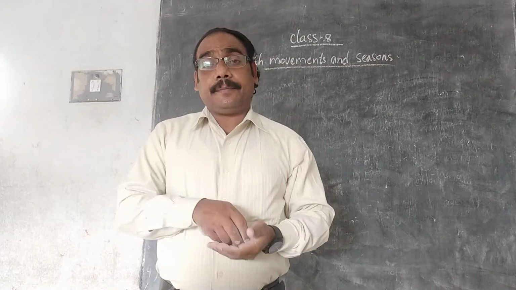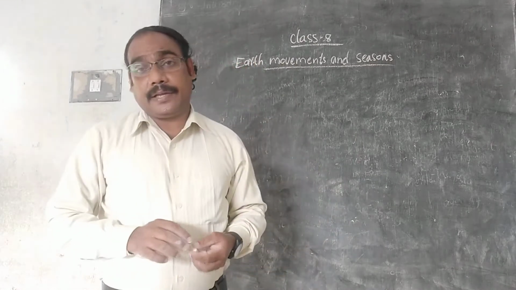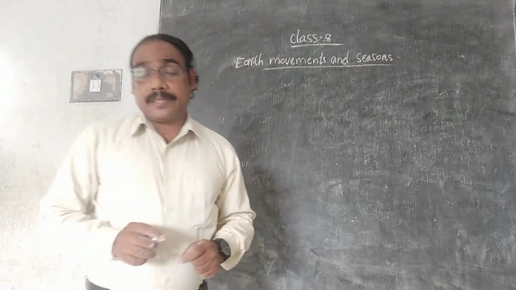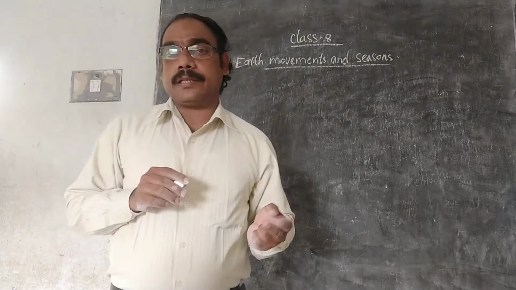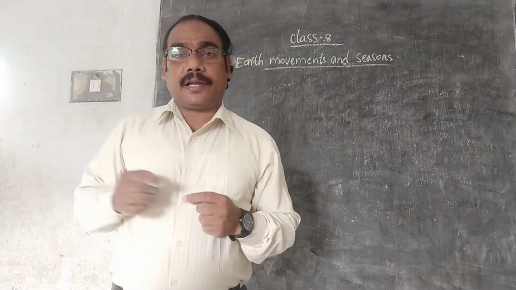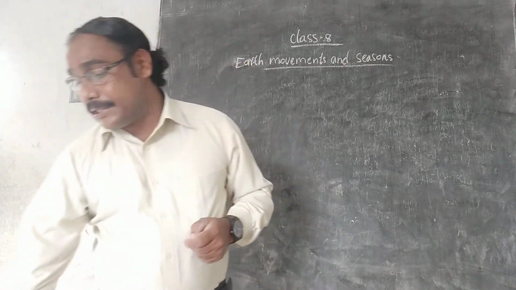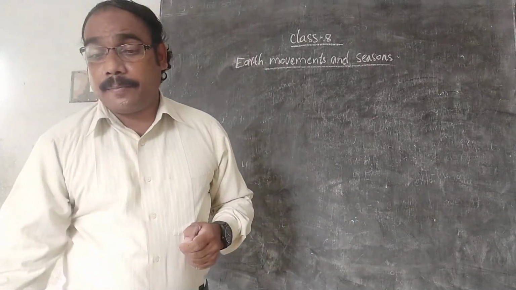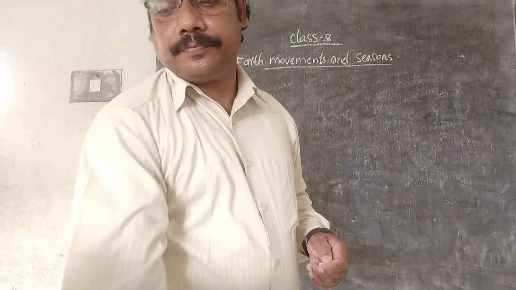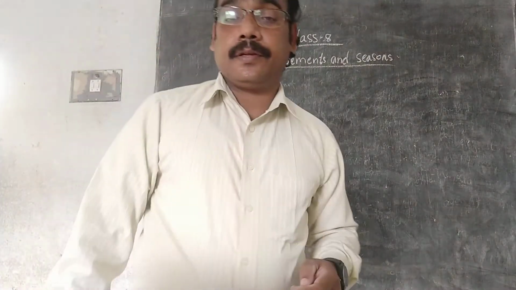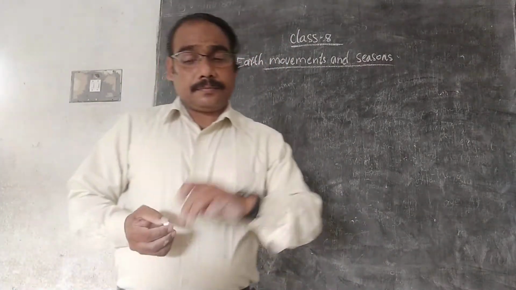In different times, we are having different kinds of climate. In summer season, when it is too hot, what happens? When it is too cool, what happens? When it is too rainy, what happens? So different changes will be there. For example, summer.